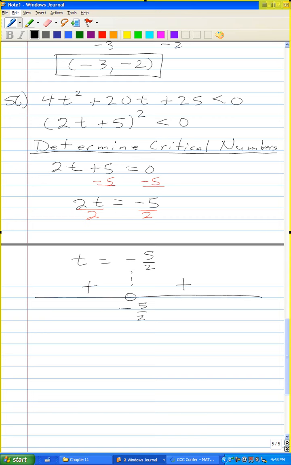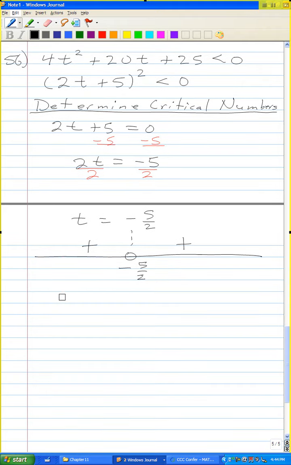We want this to be less than 0. So, well, there are no minuses to fill in. And there's no equal sign, so I don't fill in the critical numbers. Therefore, I don't fill in anything. So my answer is the empty set. So there is no solution.